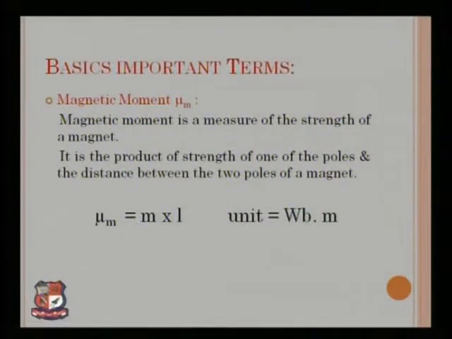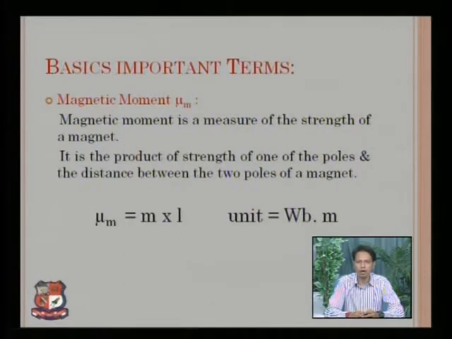Magnetic poles are the measure of magnetic moment, which can be represented by μm. The equation to describe μm is: μm is equal to pole strength multiplied by the distance between poles. You can observe here that magnetic moment is a measure of the strength of the magnet, and it is the product of the strength of one of the poles and the distance between the two poles of the magnet.